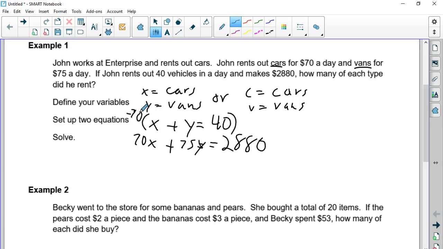Okay? That's your choice. So what you get is negative 70X, negative 70Y, equals negative 70 times 40, which is negative 2800. Okay?